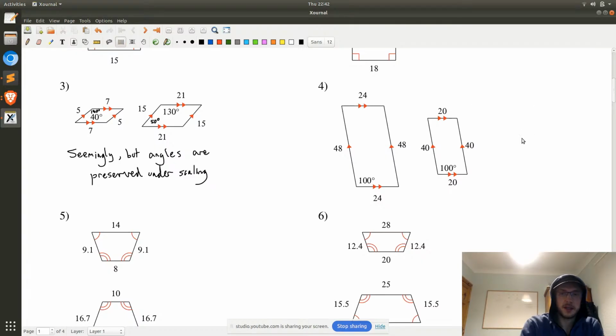So I should say yes. Yes. 24/20 equals 48/40. Indeed, K, to go from the larger to the smaller, is 5/6.